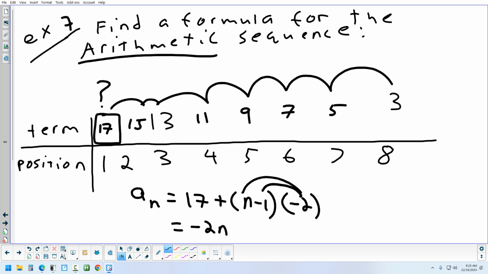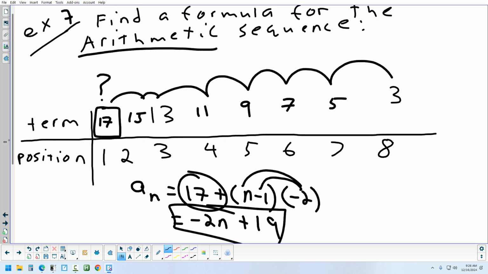What's negative 2 times negative 1? 2 plus 17. There you go. And that's your formula. Okay, this is a very different kind of math than we've been doing, but some people like it better, some people don't. It's different. Okay. Any question on that?